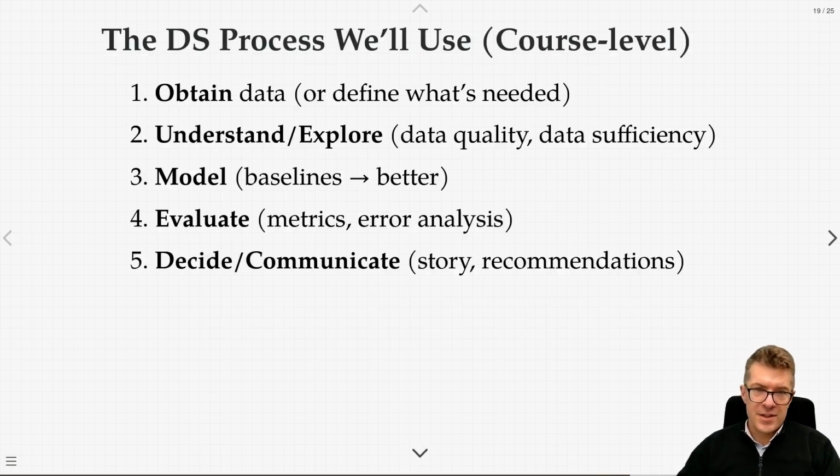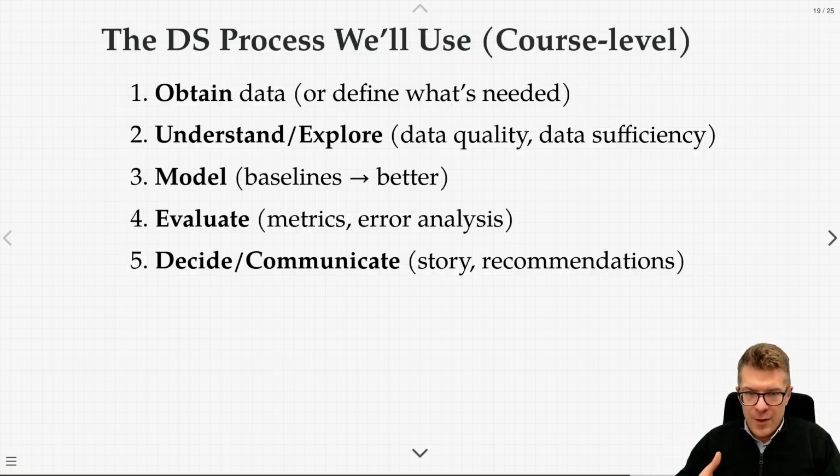So generally, the process is obtaining the data or defining what we need, understanding and exploring that data through some exploratory analysis. We're going to measure data quality, how sufficient is the data to our needs. We'll build models. We'll start with simple baselines, and we'll get better and better models, or at least less and less wrong models.